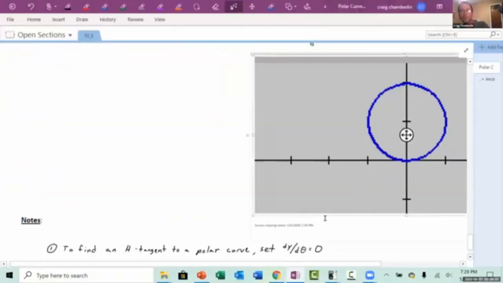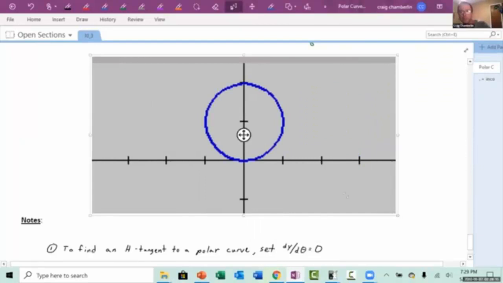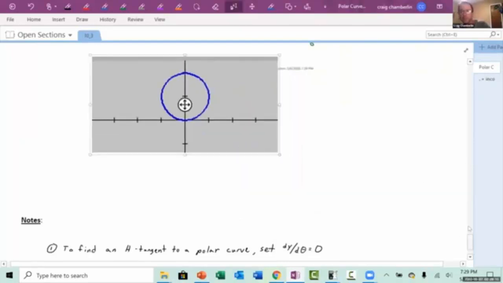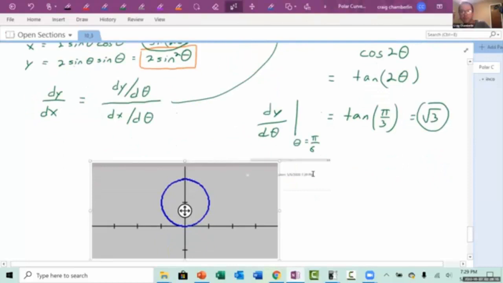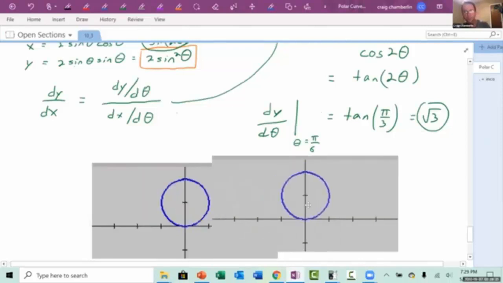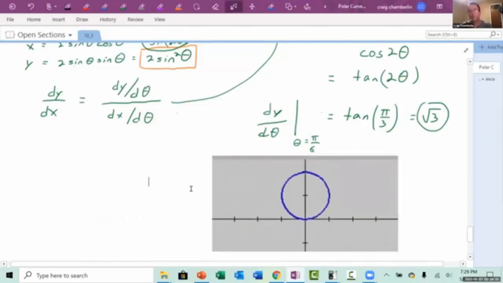Okay, a little bit large. Okay, so that's a picture of the curve we're interested in. So if you think about it, the equation of this curve is r equals 2 sine theta.